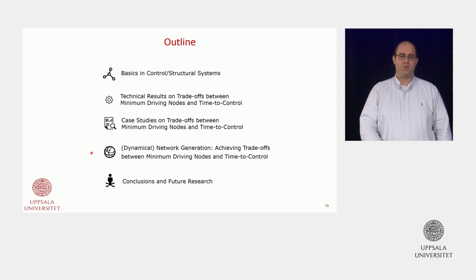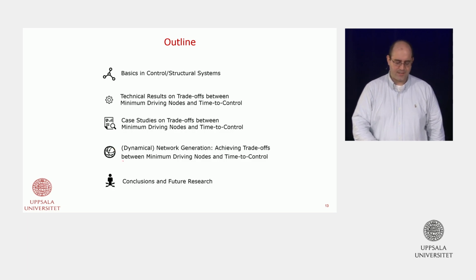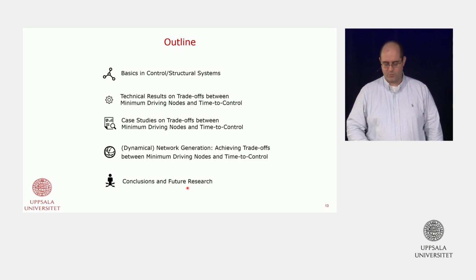And finally, I'm going to discuss how can we actually try to create networks with prescribed trade-offs between the minimum number of driving nodes and the time to control that is captured through this controllability index. And finally, I'll conclude by doing some remarks and point out some interesting questions to explore in the future.